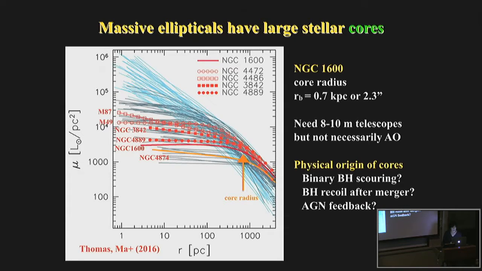So a new sort of relationship we published earlier, in the same paper in which we reported the black hole mass of NGC 1600, is the property of the core of these galaxies. This is just the surface brightness of the stars versus the radius for a bunch of elliptical galaxies here.